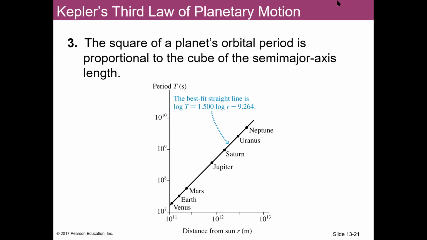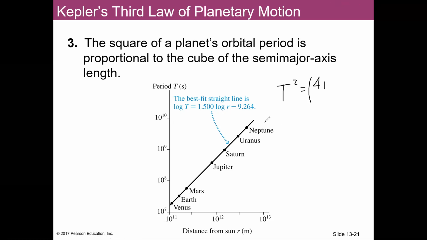I can show you real quick. If we start off with the equation that we had just derived, t squared equals 4 pi squared over GM times r cubed.